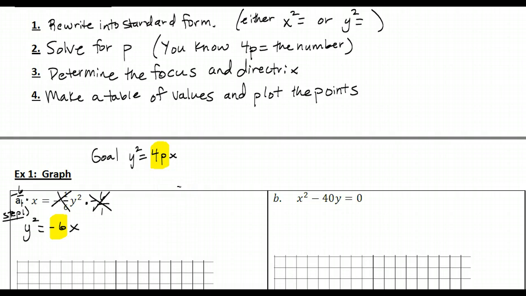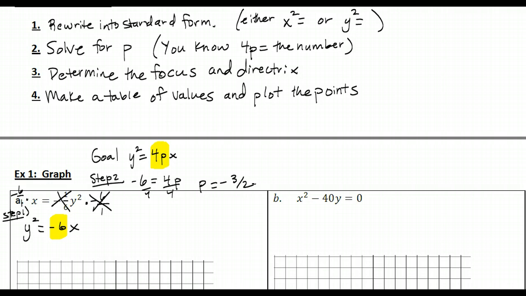So in order to find what p is, because I need to know p to find the focus, I'm going to take my number, negative 6, and set it equal to 4p, and then solve for p. That's what I mean by step 2 up there. So I'm going to divide by 4, and p ends up being negative 3/2.